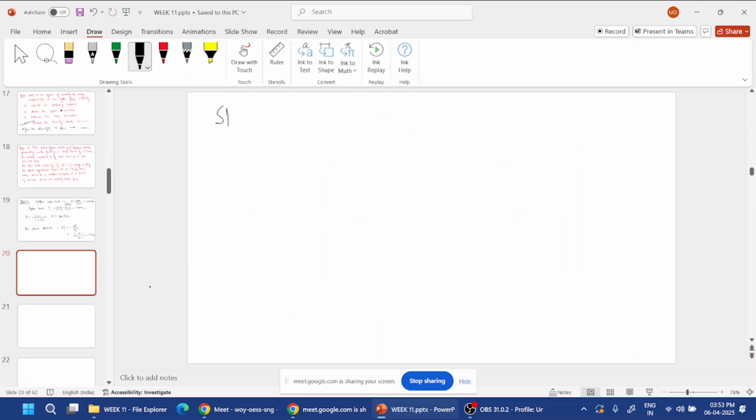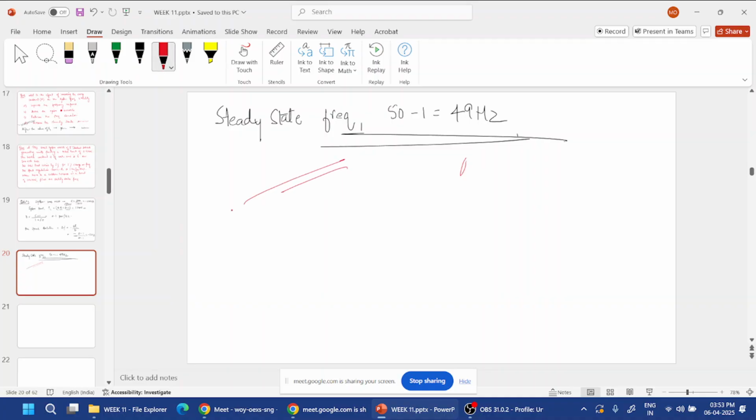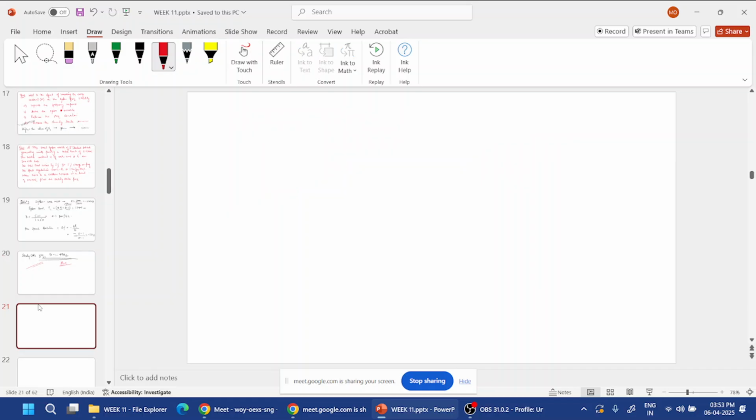The steady state frequency is 50 minus 1, which is 49 hertz. So this is the final answer of this question, where we had to calculate the steady state frequency.